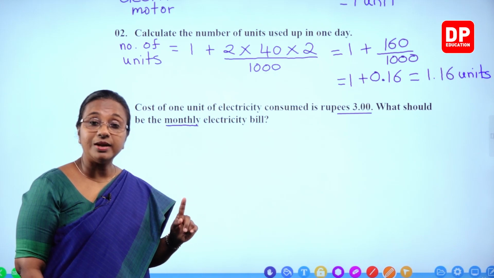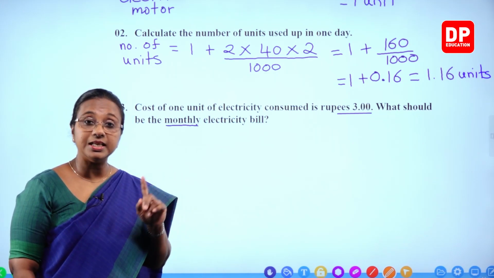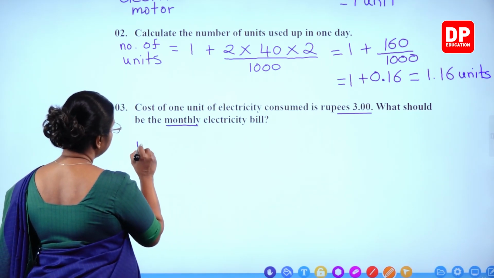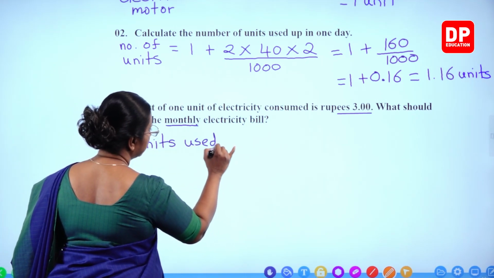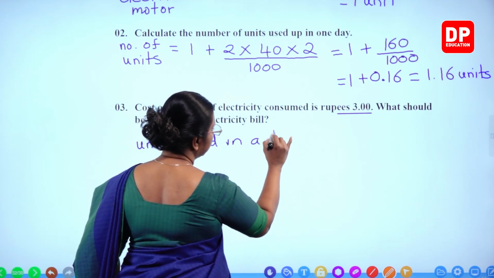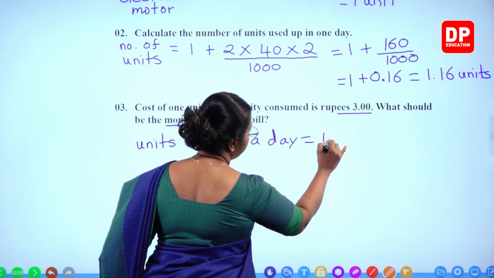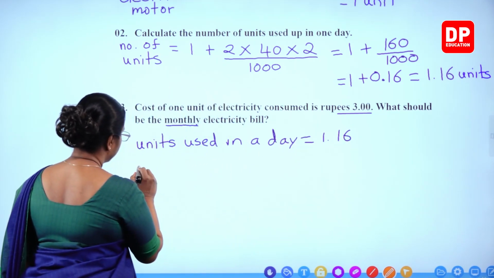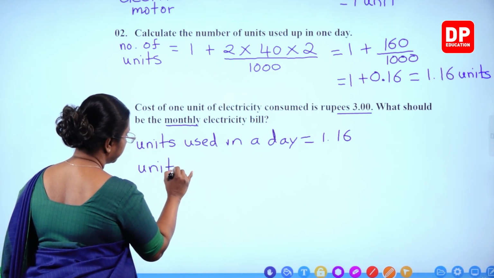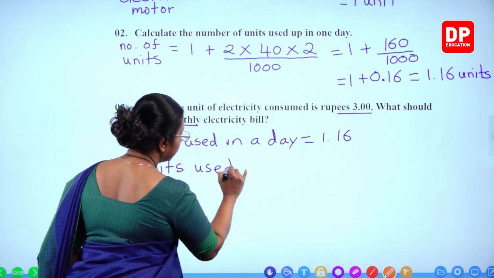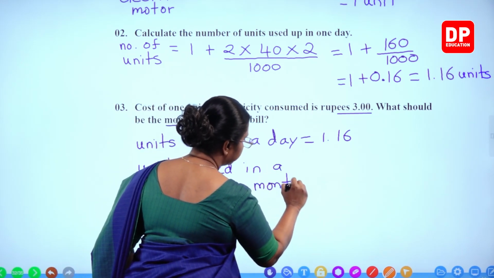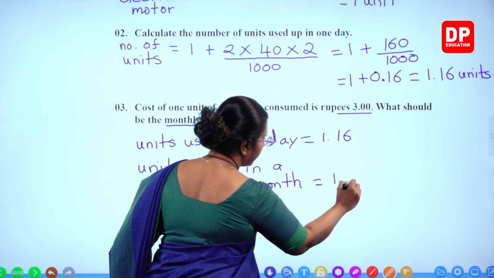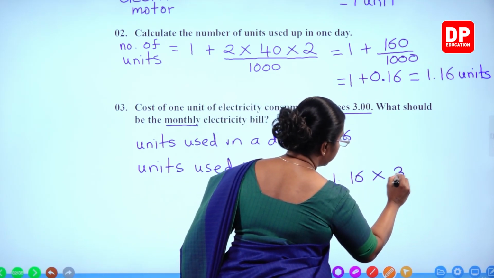First you need to calculate the number of units for 30 days. So here units used in a day is 1.16. So units used in a month is equal to 1.16 into 30.